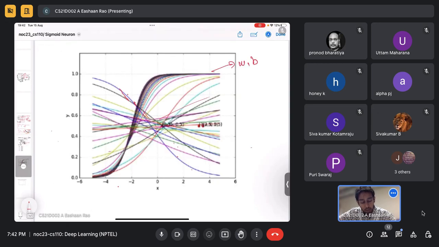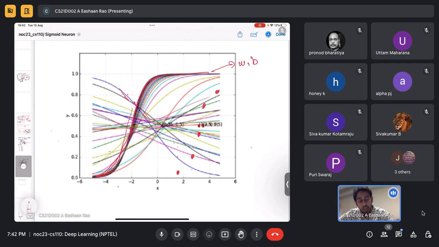Now let's suppose that you have data points something like this, and you're starting with this black one. I'm highlighting with red.